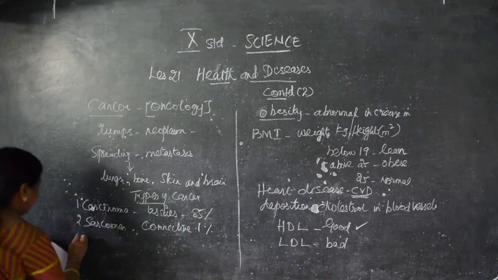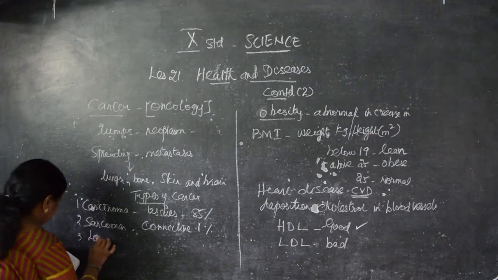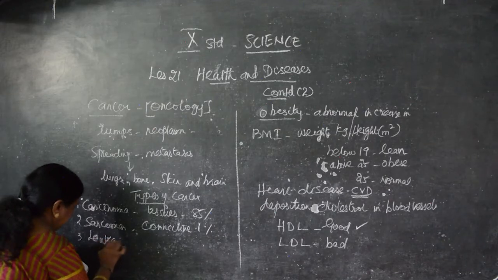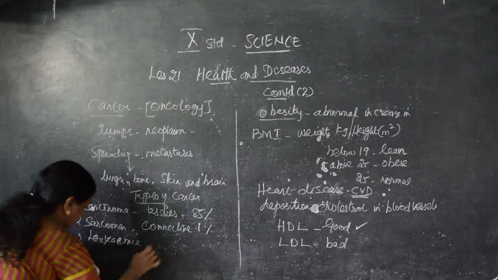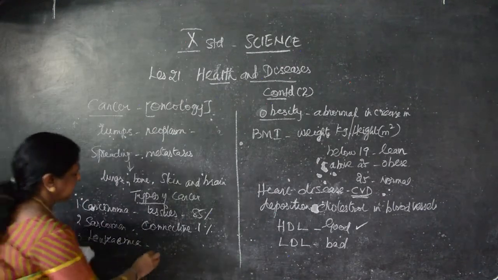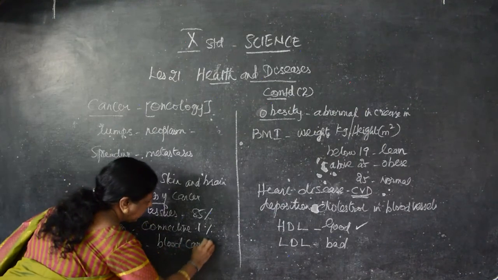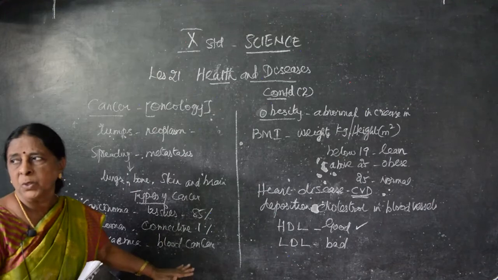Next one is leukemia. It's highly dangerous. There is no surety of survival. This is blood cancer. There is no guarantee for people to survive for a long time.